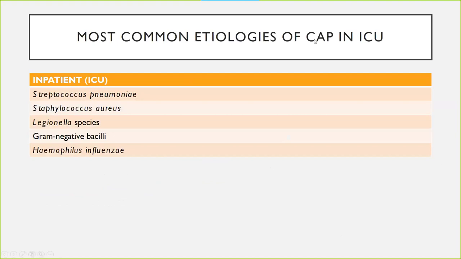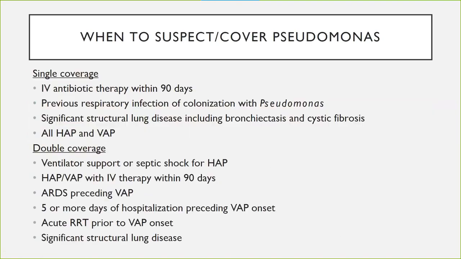So we already talked about some of the most common etiologies of CAP in the ICU. We are more worried about gram-negatives in this situation, and Legionella, as we suspected before. So what are the instances where you're going to be worried about Pseudomonas, and pick one of the coverages that did have Pseudomonas?